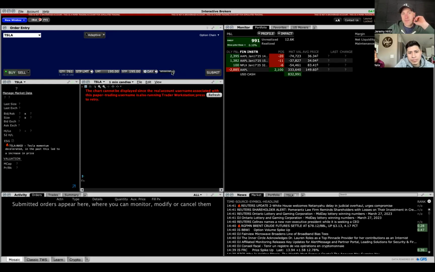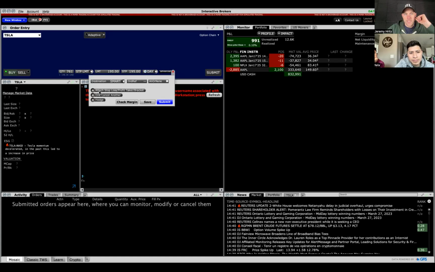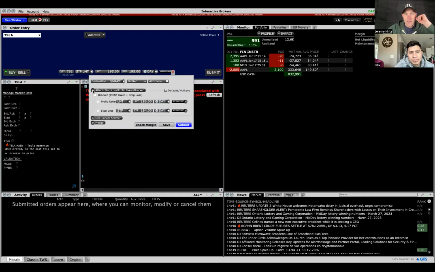Now, when we talk about stop losses and profit takers, that's here under this advanced button. All you're going to do is click plus, and right here where it says attach stop loss profit taker bracket, you click that plus button. Then there's a little tab right next to bracket where it says profit taker stop loss.